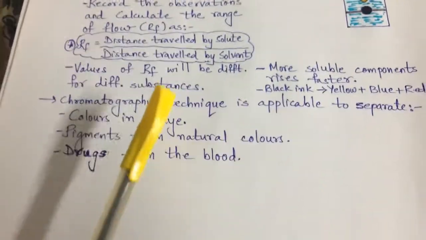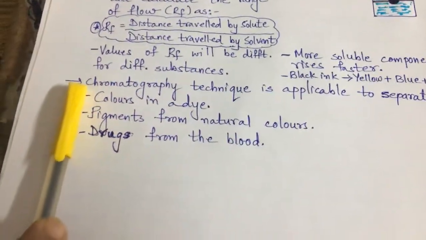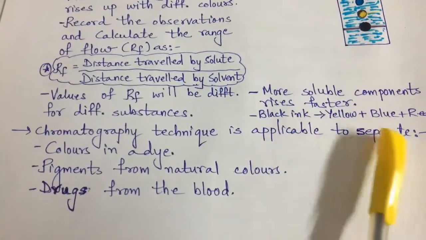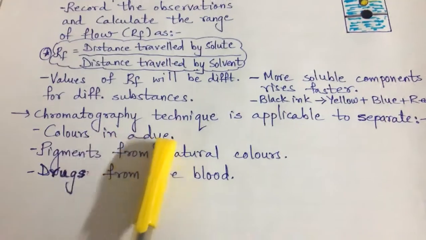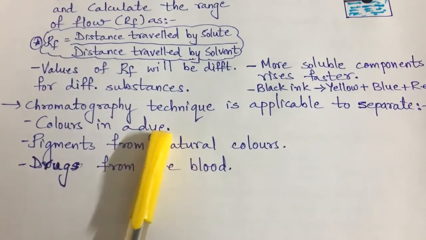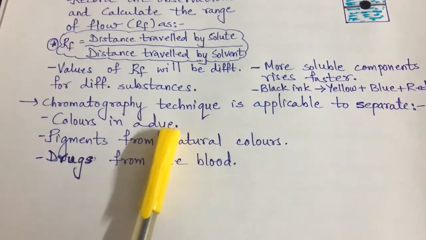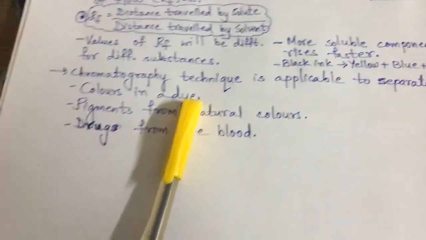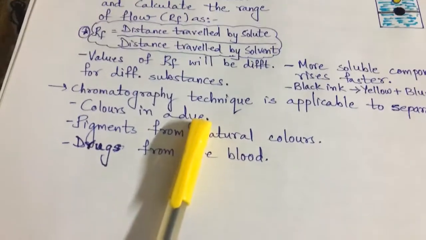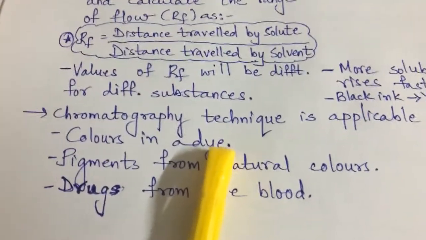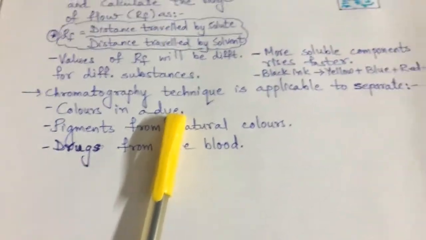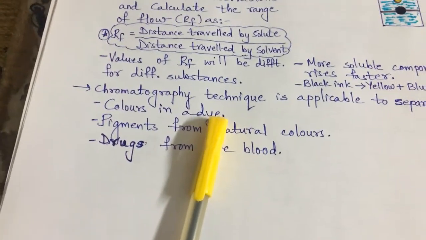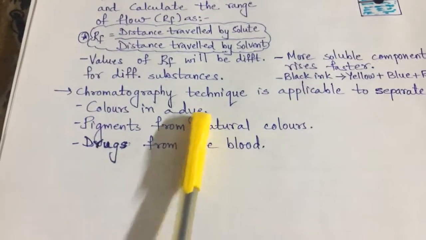Now, where is the chromatographic technique applicable? It is applicable to separate the colors in a dye. In textile industries also, when different colors are used to make clothes of different colors, what proportion of the colors is to be mixed, and what is mixed in one sample of color, is also separated by this method.